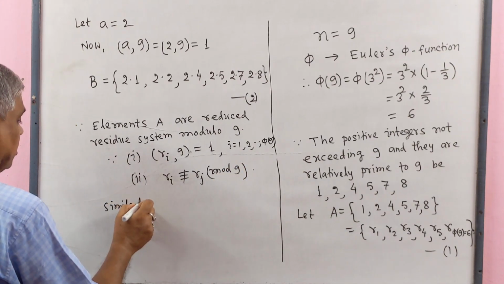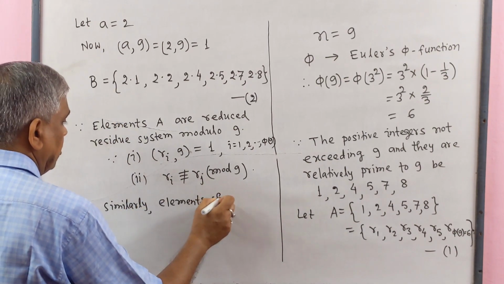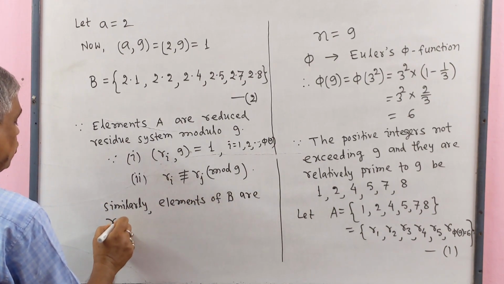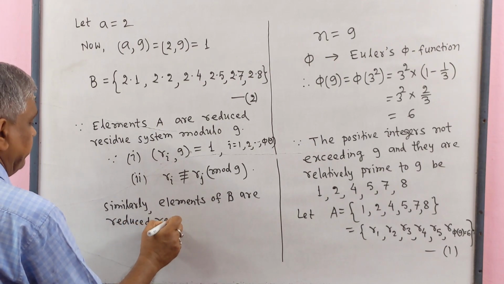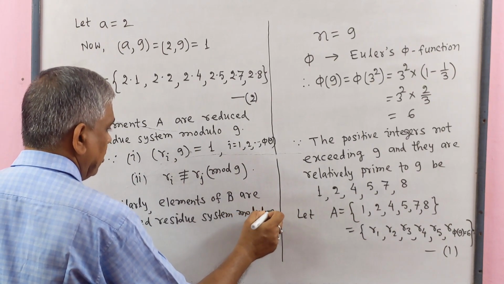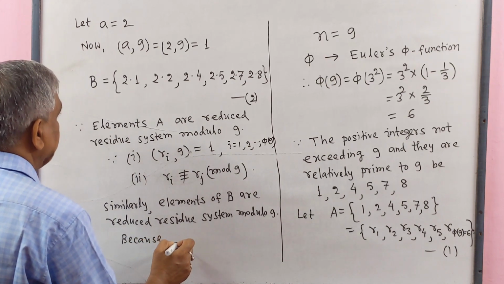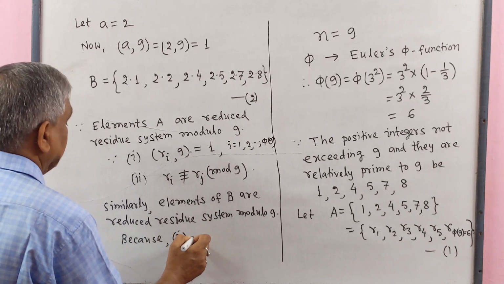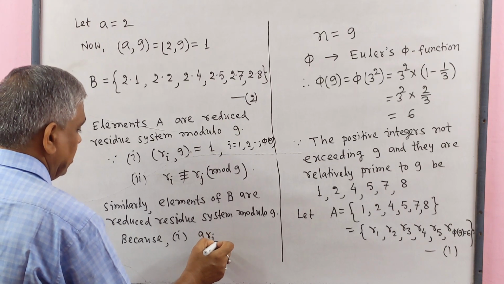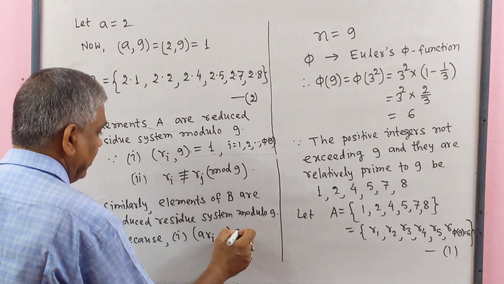Similarly, elements of B are a reduced residue system modulo 9, because GCD of any element of B, a Ri, with 9 is 1, that is, it is relatively prime to 9.